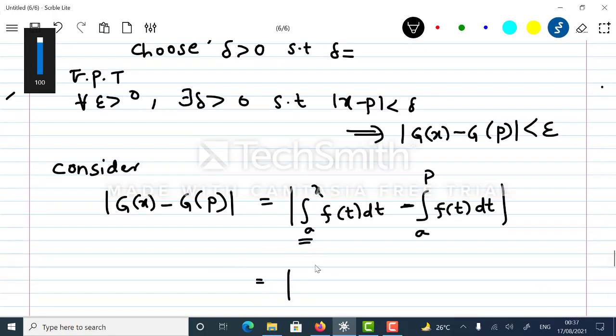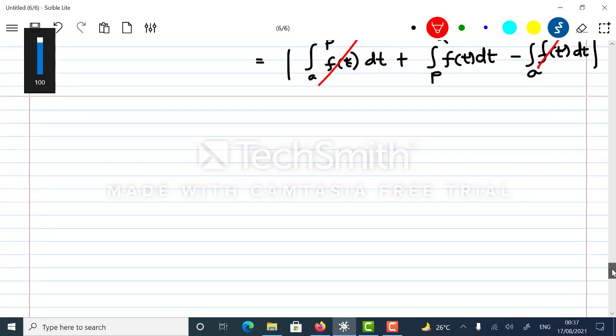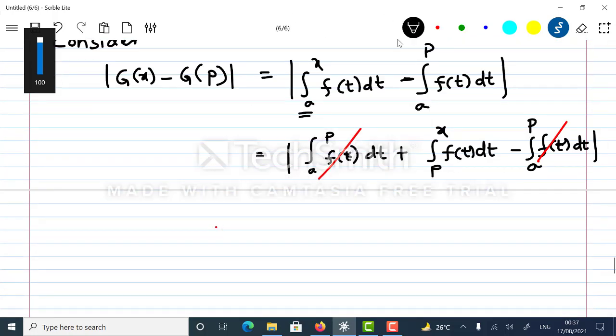So what I will have is integral a to p f of t dt plus integral p to x f of t dt, minus integral a to p f of t dt. Now you can observe that this term will get cancelled and I'm left with integral p to x f of t dt.